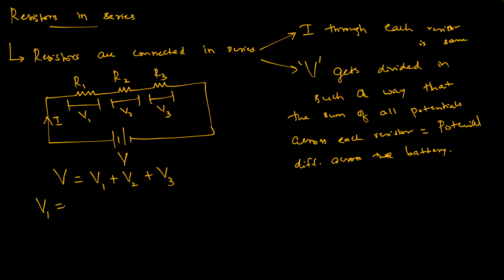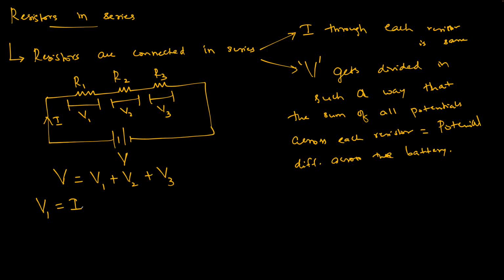If there are multiple batteries or multiple resistors, you need to convert them into one and then do it. So here, though we have only one battery, I've considered V1 to be the potential drop existing only across R1. That is why I'm applying Ohm's law only across the first resistor. So the potential difference is equal to the current flowing through it multiplied by the resistance. That is why I wrote V1 is equal to I into R1.